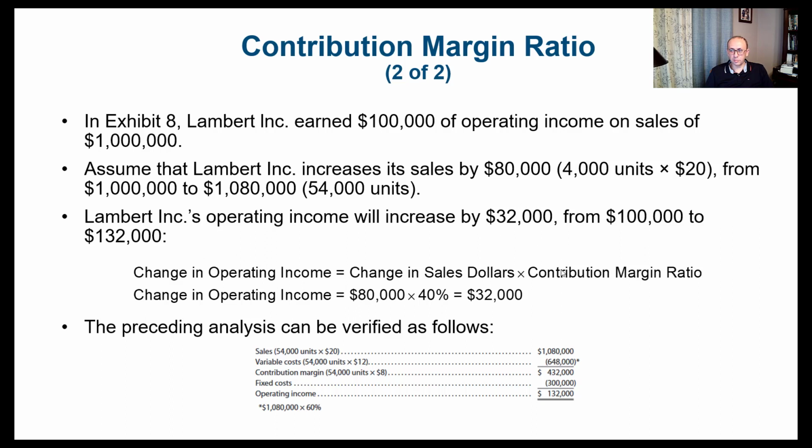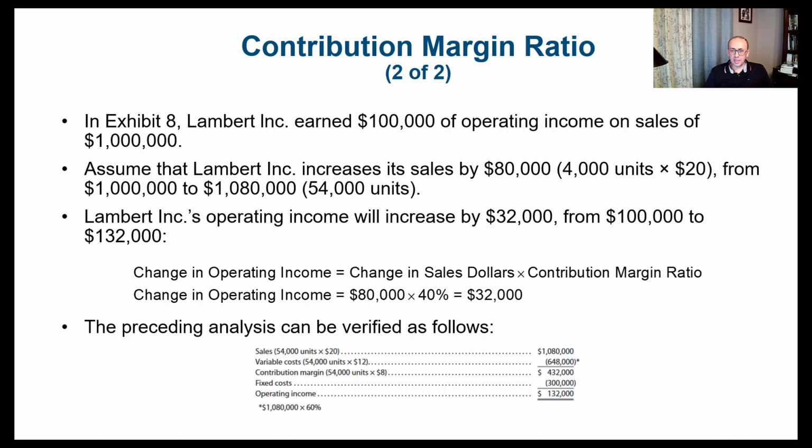So how did we get this number? Let's do the math. The sales are 54,000 multiplied by $20, that's $1,080,000. The variable cost is 54,000 multiplied by 12, that's 648,000. The difference is the contribution margin, 432,000.